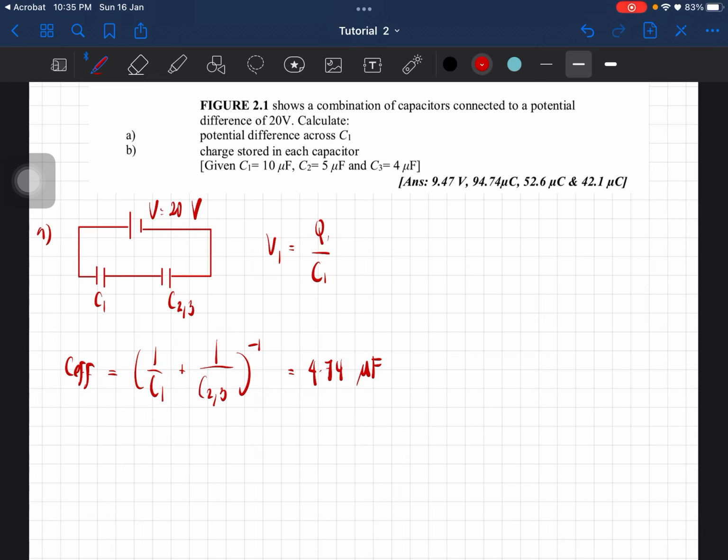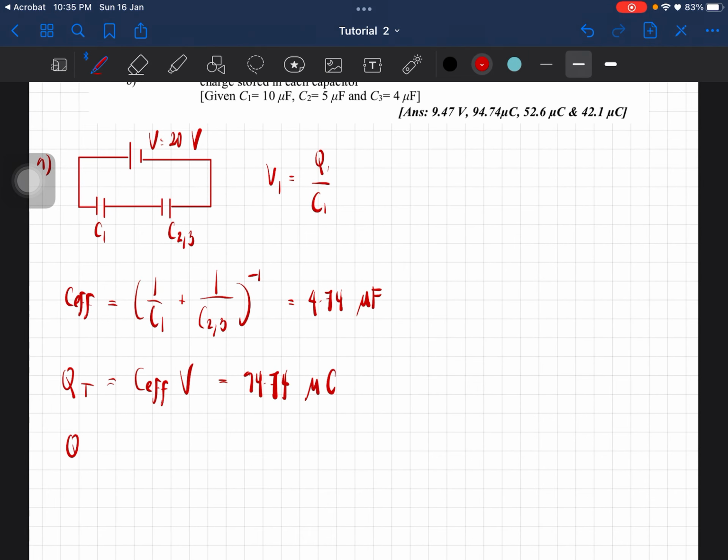And then from here, you can calculate Q total equal to the effective capacitance times the supply voltage. So you should get 94.74 microcoulomb. Okay, so from here we can tell that the total charge is equal to the charge across capacitor 1 and across capacitor 2 and 3.